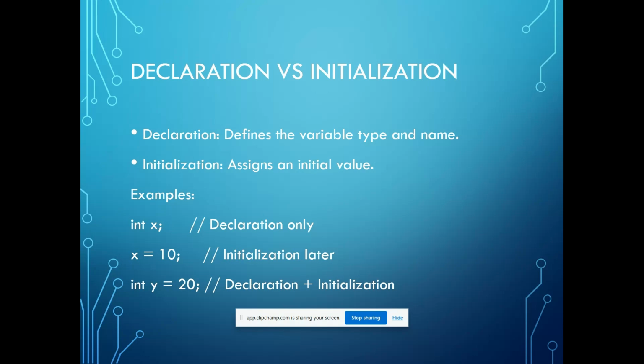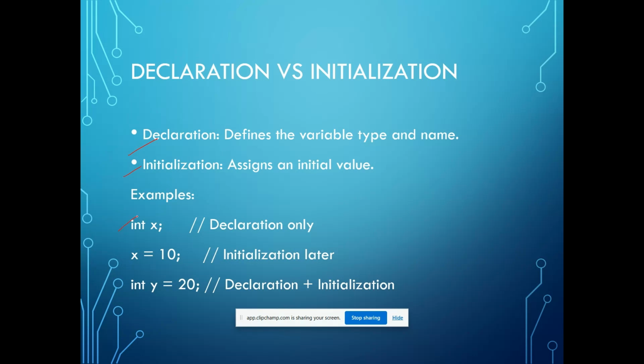So, declaration versus initialization. What is declaration here? It's telling the compiler what type of box you want. So it defines the variable type and name. And what is initialization? Putting something inside that box. It means whatever the value is, it assigns into that box. I mean, it's an initial value.